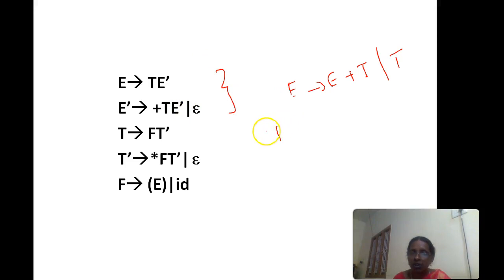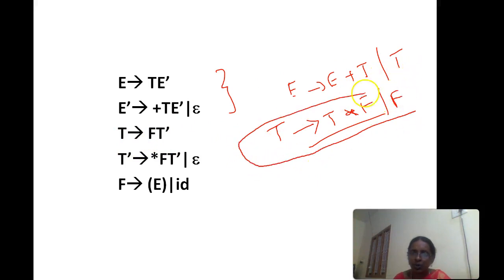And for T implies T star F or F, instead of these two productions, we have written these three productions. So this is your resultant grammar after eliminating the left recursive productions. So this is how we can eliminate the left recursion.